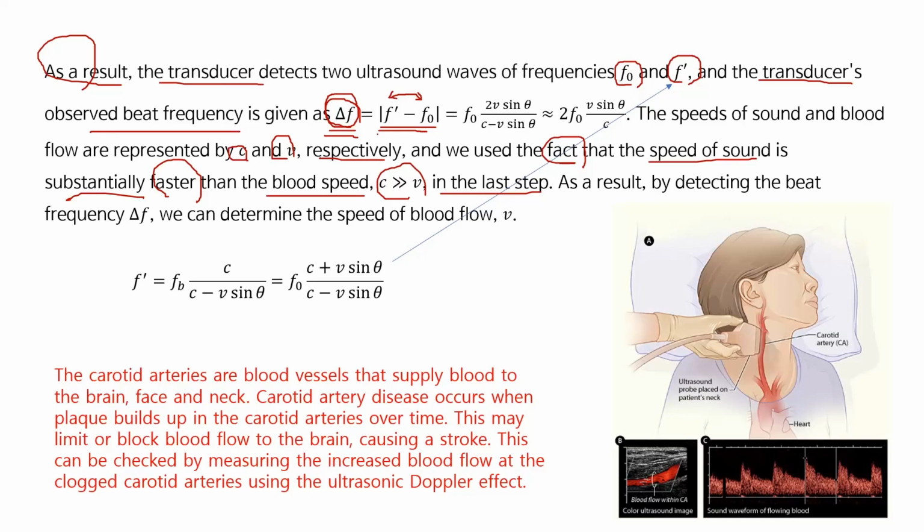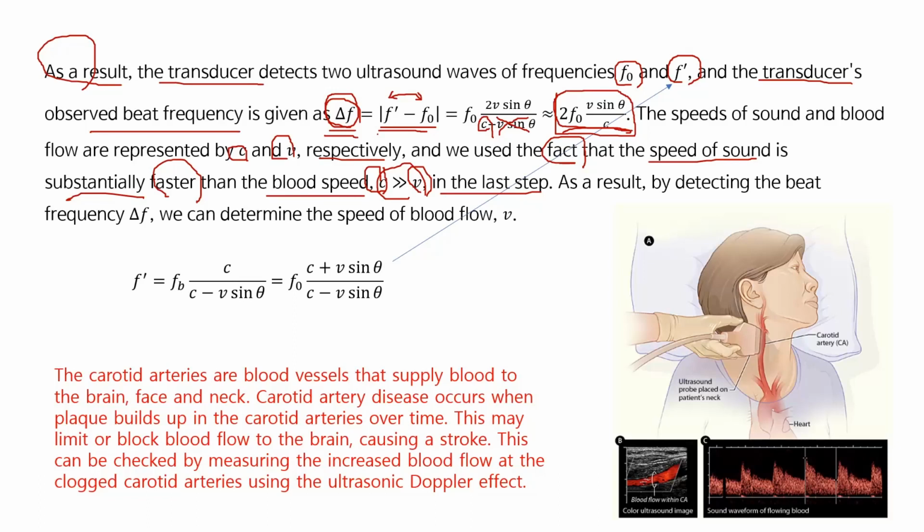So the sound speed is much larger than the blood speed. In this case, we can eliminate this in the denominator. So we finally have the beat frequency given by this equation.